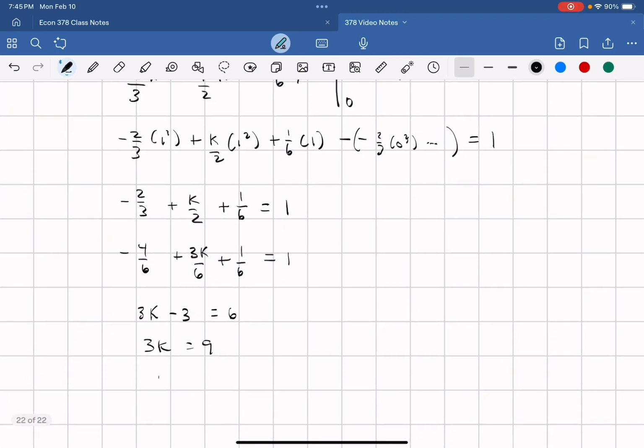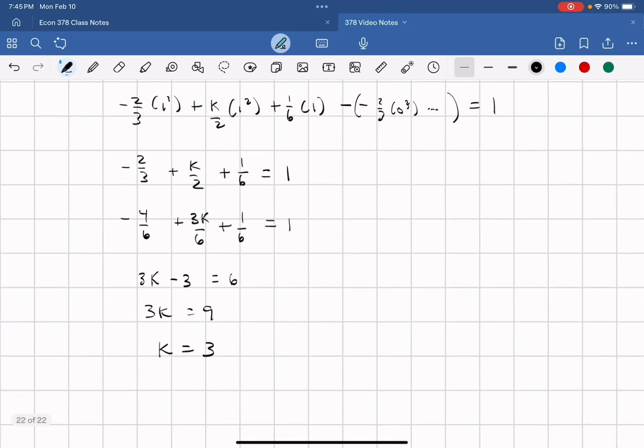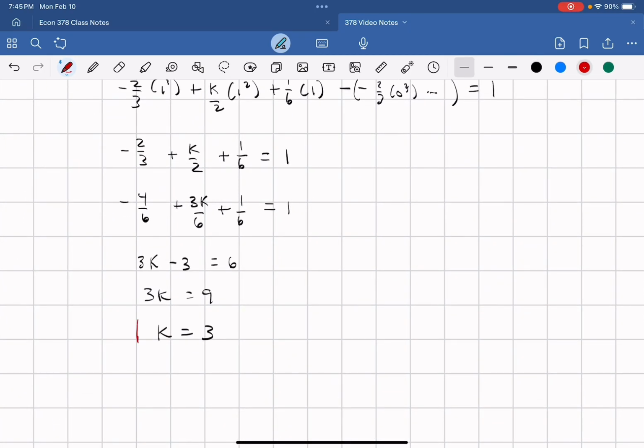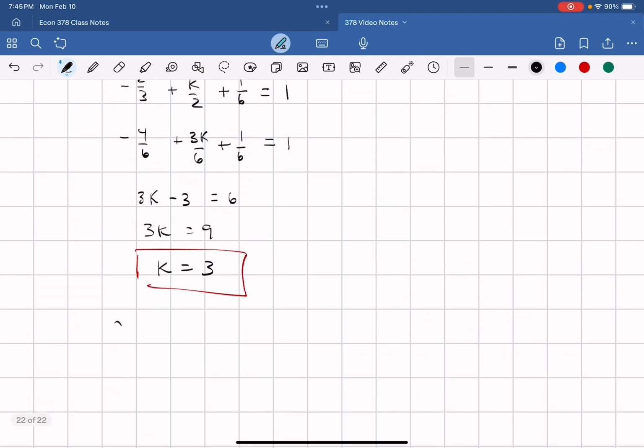So therefore, k is equal to 3. So that is the answer to part A. So just to then formalize it, f of x is equal to negative 2x squared plus kx, so plus 3x, plus 1/6 for the values that x takes on between 0 and 1.